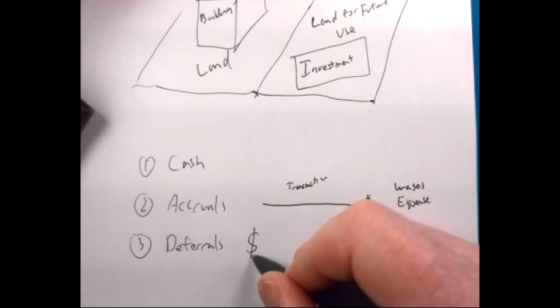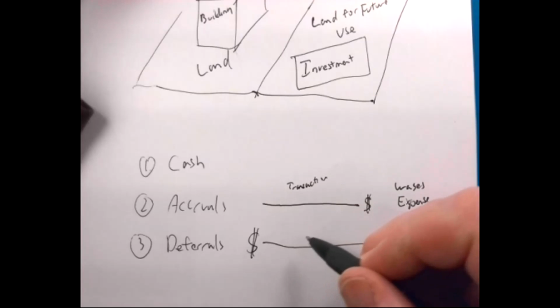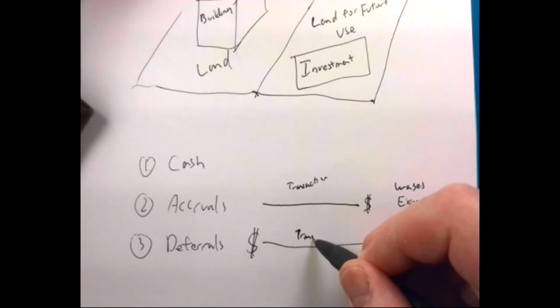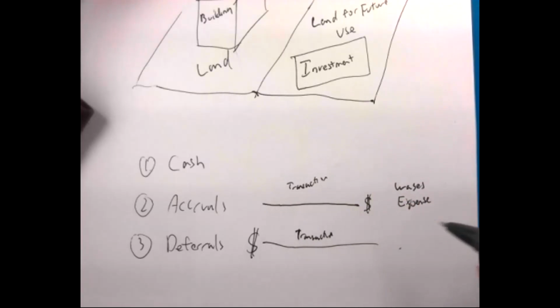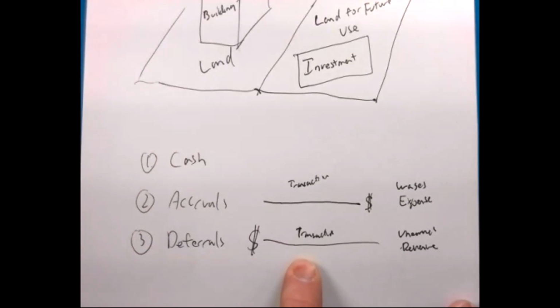Deferrals are just the opposite. Something has been paid, but the transaction hasn't happened yet. This is like unearned revenue. These are much easier to think about because the cash has already changed hands.